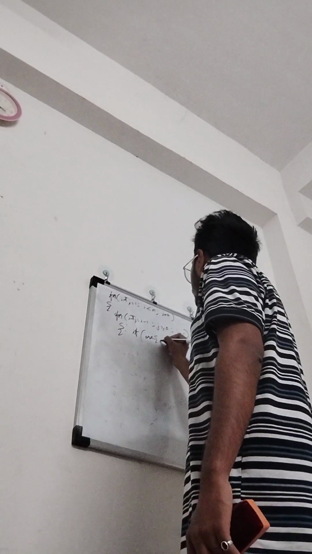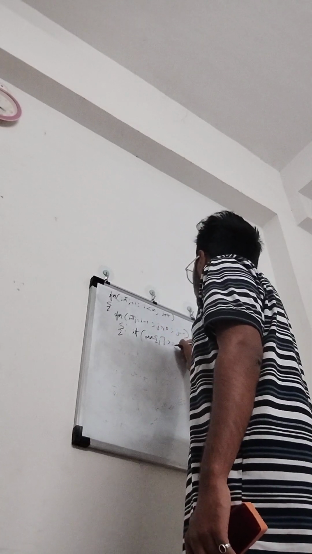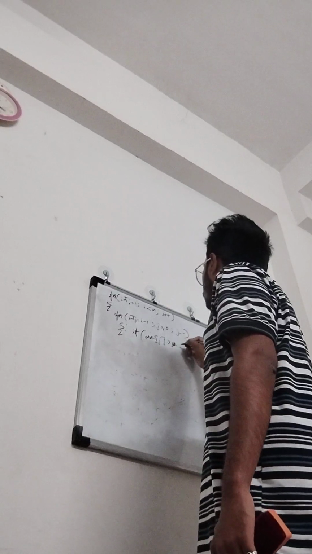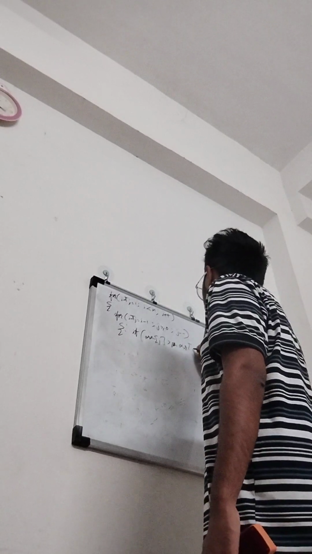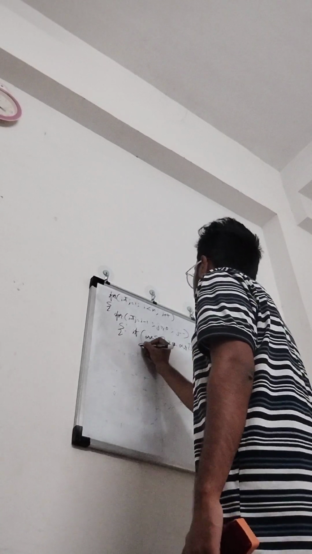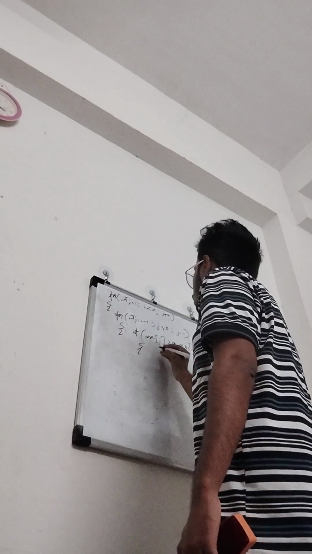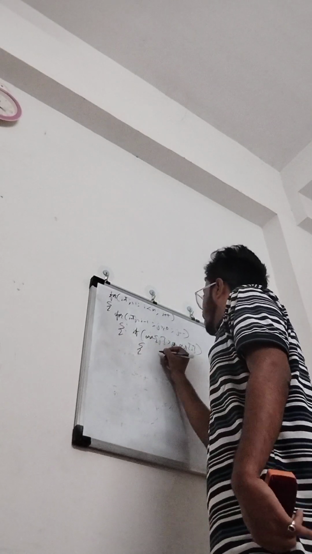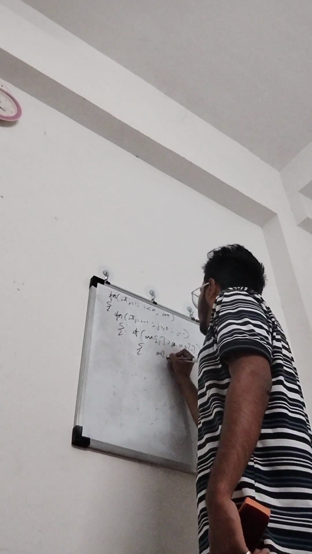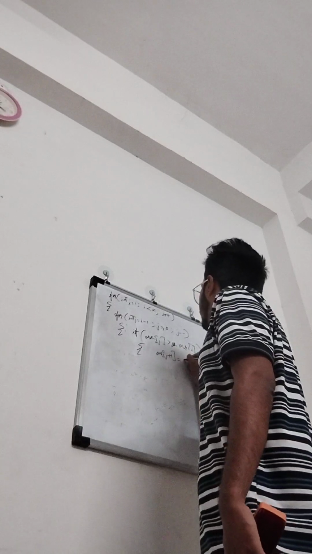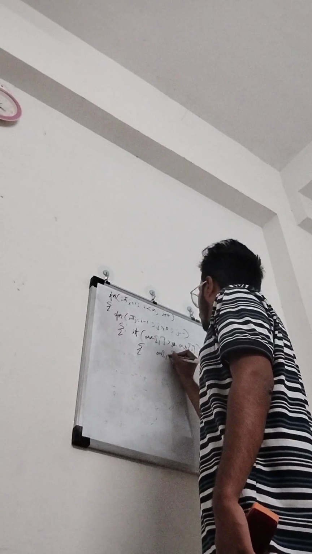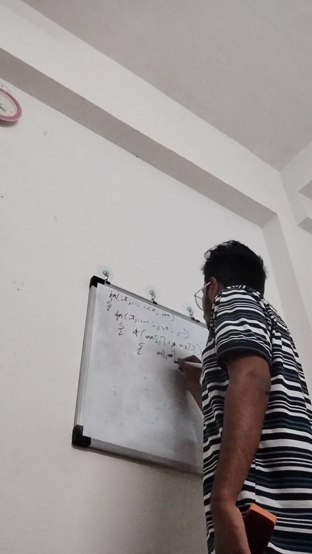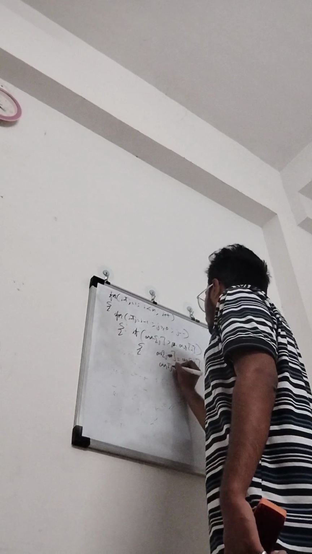Then what if array of j is greater than or equal to, no, greater than array of i, then you are gonna update it like this. Array of j you will replace with array of i, then you are gonna do this.